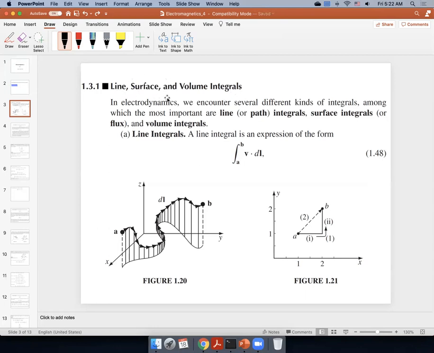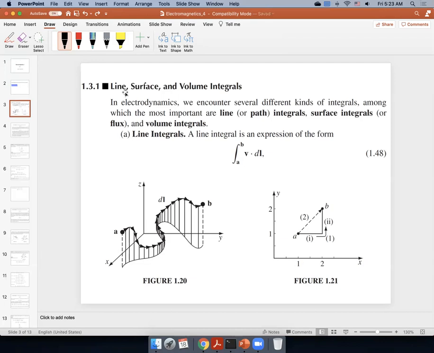And in many cases in this course, the line integral, surface integrals, they are based on the vector function. Okay, so here we'll introduce the concept and we'll give you some examples of calculating line integral, surface integral based on vector functions.